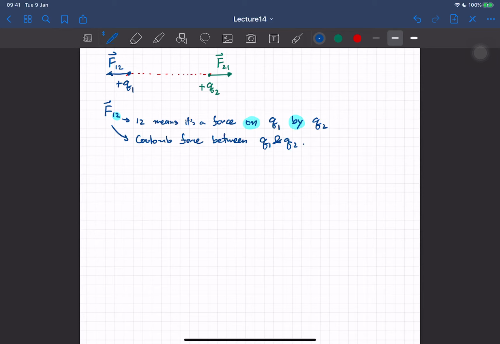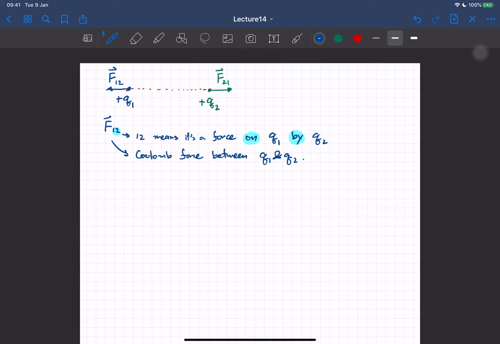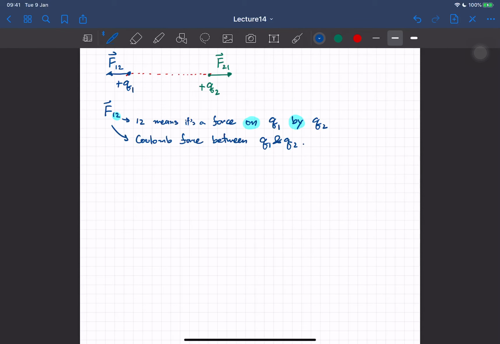Okay, this is very important. If you have a single charge and no other charge around it, then you will have no Coulomb force on that charge at all. If you have only one charge in the universe, that charge will not do anything because it needs another charge in order to have this kind of force.